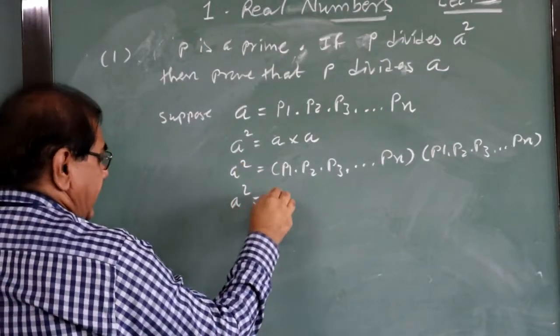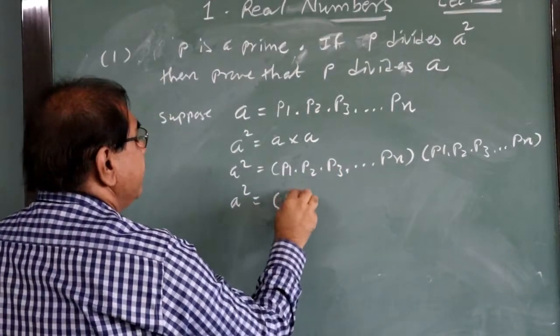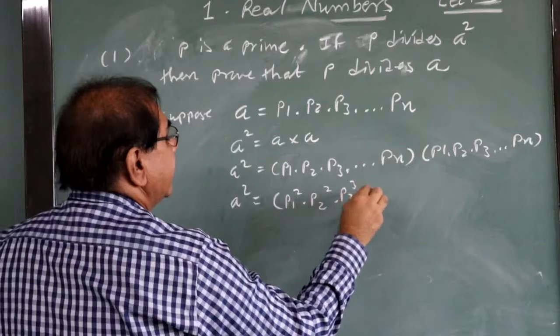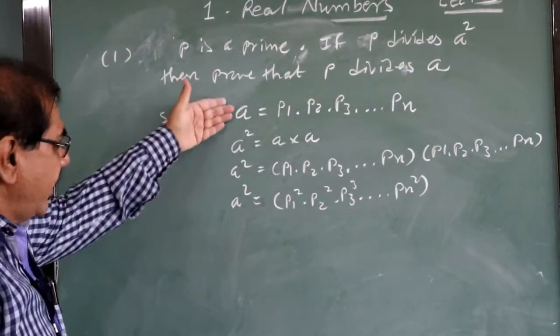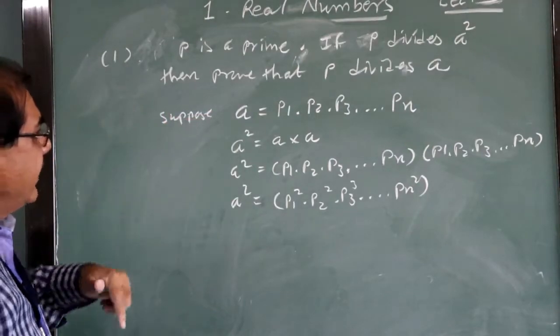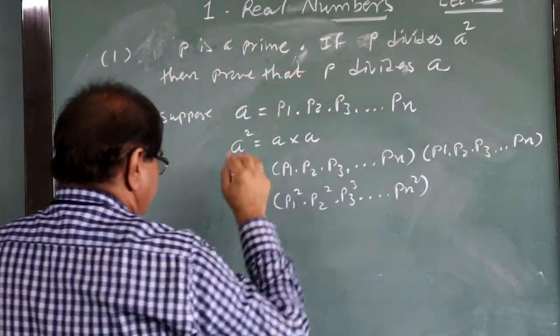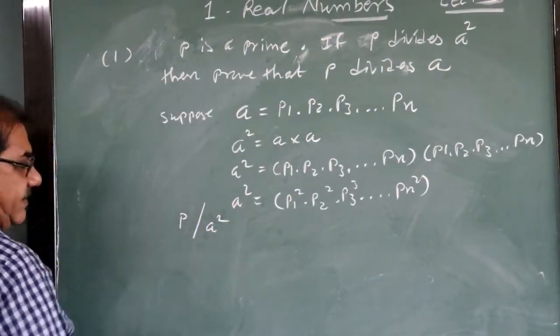Okay? So this is A square. That means what is A square? A square is equal to, these both are multiplied. So P1 square into P2 square into P3 square into dot dot dot Pn square. Okay, this is how from A I can get A square. Now what is given? P divides A square, means P is a factor of A square. We write this way, P divides A square.